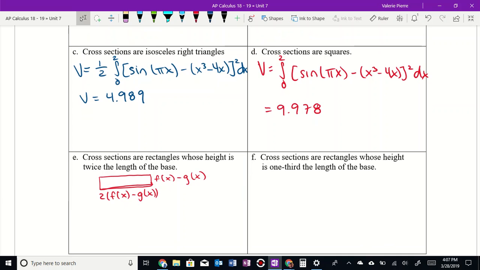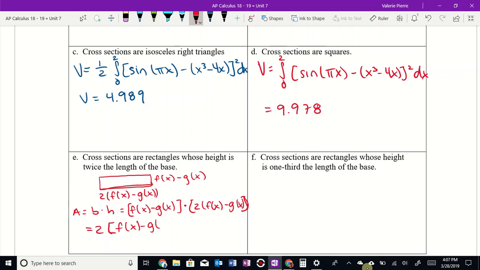And we know that the area of a rectangle is equal to base times height, so that would be equal to f of x minus g of x times 2 times f of x minus g of x, which is just equal to 2 times f of x minus g of x squared.